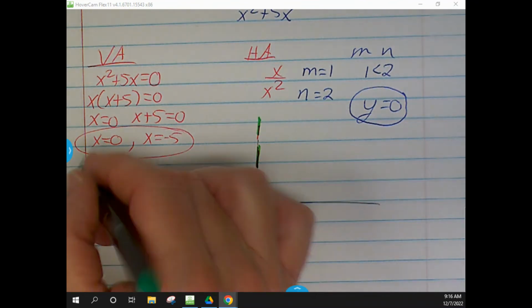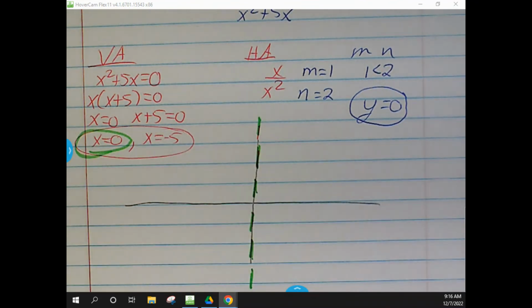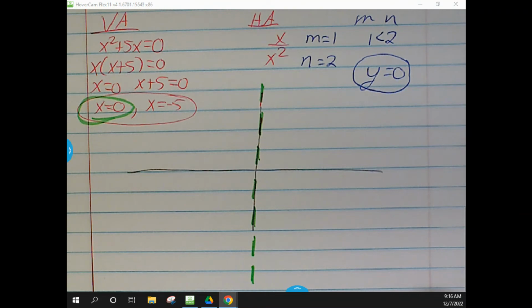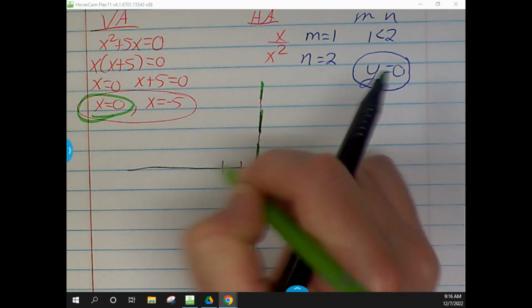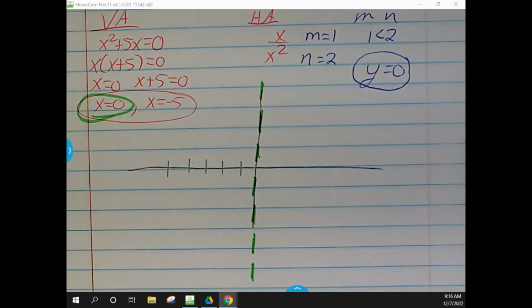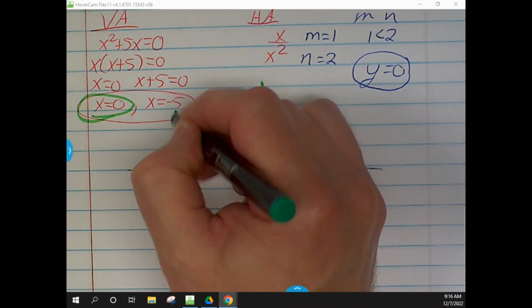Okay, so there's x equals 0. If we don't do it that way, it's hard to see it. We also got another one at x equals -5. 1, 2, 3, 4, 5. So that would put that one conveniently right there.